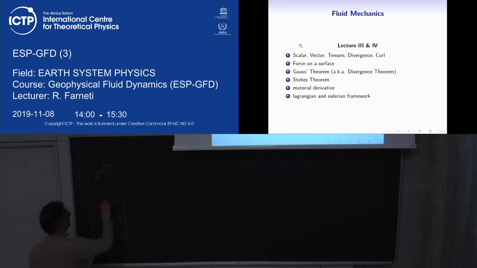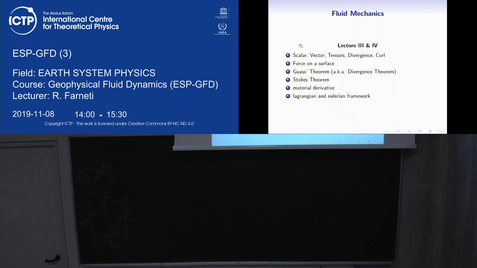We have some forces: tau 2, tau 1, tau 1,2, again tau 1, tau 2, tau 2,1. There are some angles here, theta 1 and theta 2.